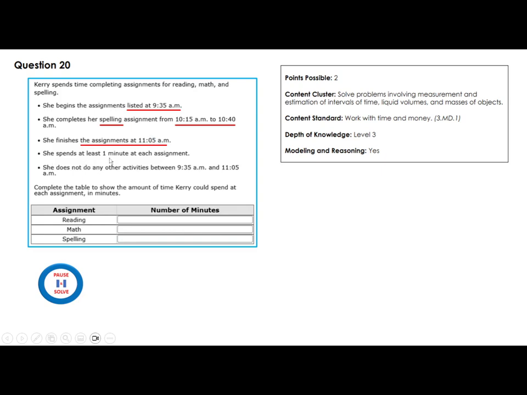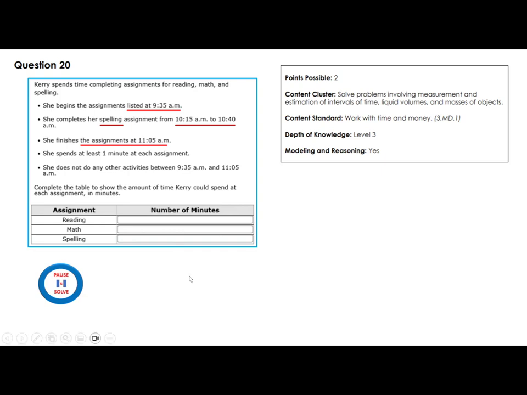She spends at least 1 minute at each assignment, and does not do any other activities between 9:35 and 11:05. Complete the table to show the amount of time Carrie could spend at each assignment in minutes. When it says could spend, that means you have more than one possible correct answer.